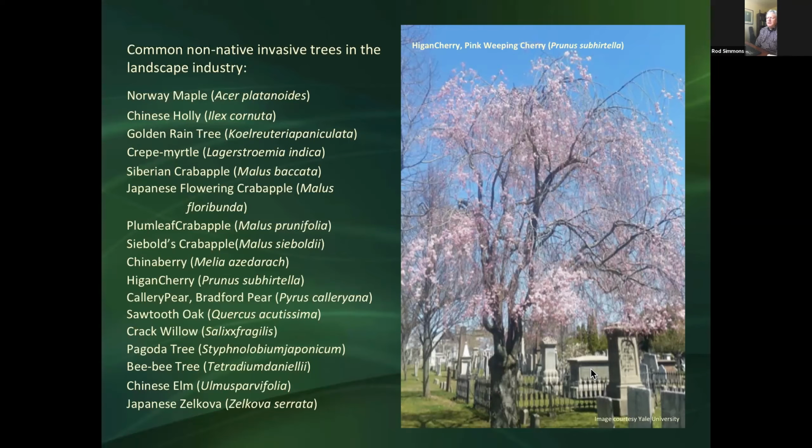The Higan cherry, the weeping cherry, is extremely invasive into woodlands, producing many thousands of seeds. It's pretty much in the DC area up here. That's in every single forested park we have, just thousands of seedlings produced annually, and saplings. Problem is, a lot of folks aren't really monitoring or controlling those seedlings. They just grow in the woodlands, and they're just overlooked.